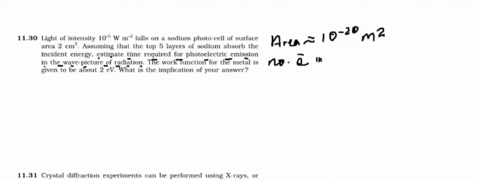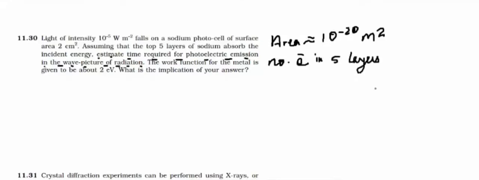You can take an average atomic area, usually approximately 10 power minus 20 meter square. It's an average calculation. Now, the number of electrons in 5 layers is given.